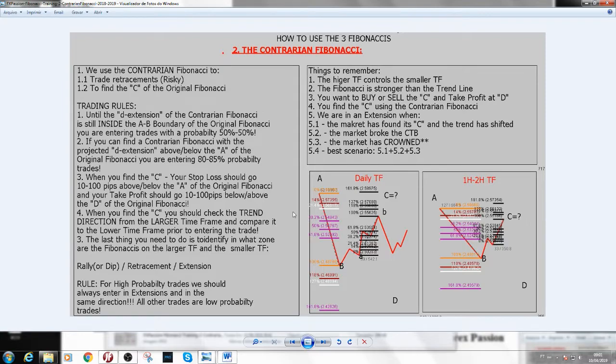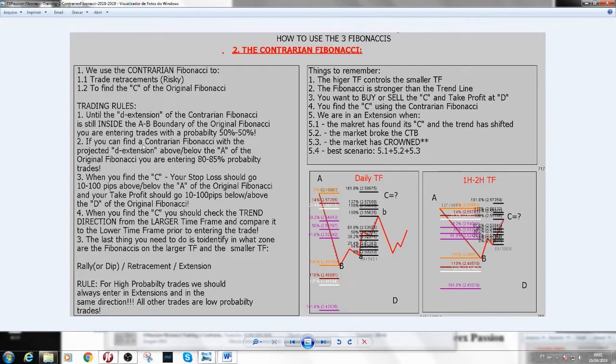Number 1, we use the Contrarian Fibonacci to trade retracements, and we are going to talk about trading retracements today, which is risky, to find the C of the original Fibonacci. And the trading rules: until the extension of the Contrarian Fibonacci is still inside the AB boundary of the original Fibonacci, you are entering trades with a probability of success 50-50.